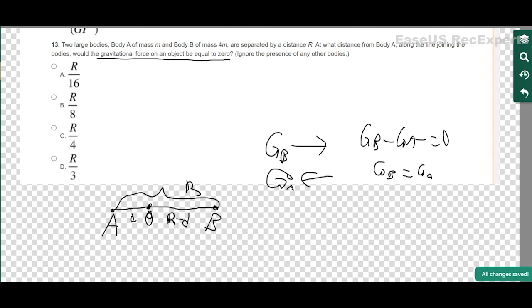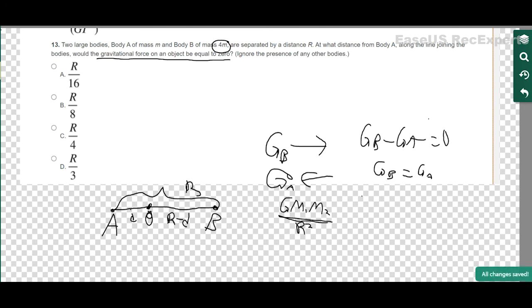Now we can use our gravitational force formula, G m1 m2 over r squared. This is the gravitational force of body B, so body B's m1 is going to be equal to 4m.